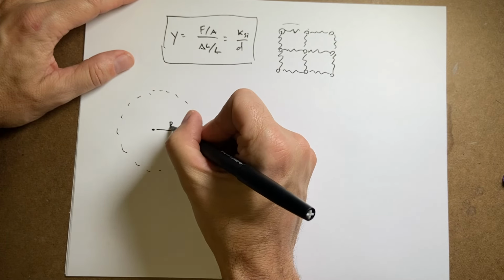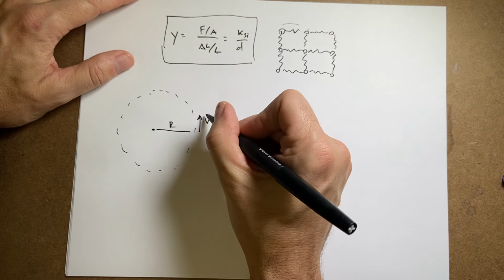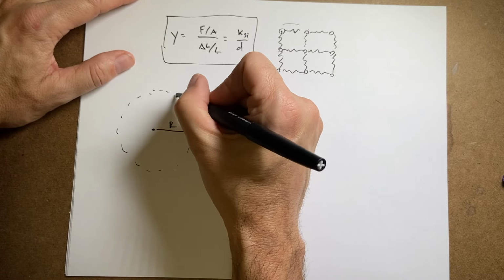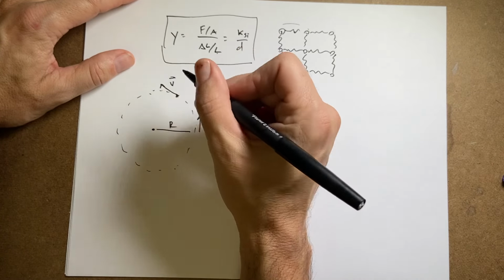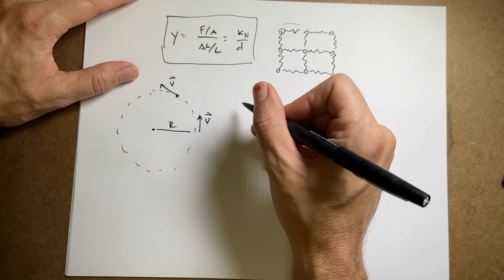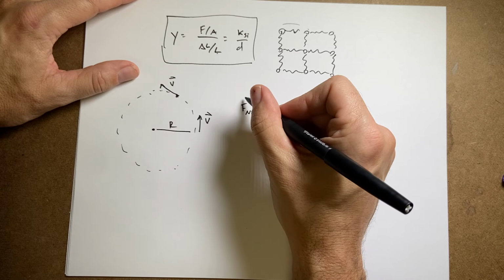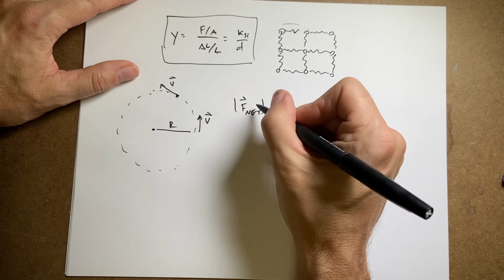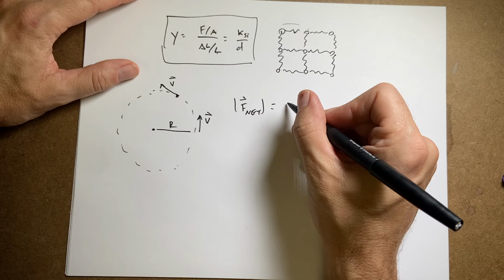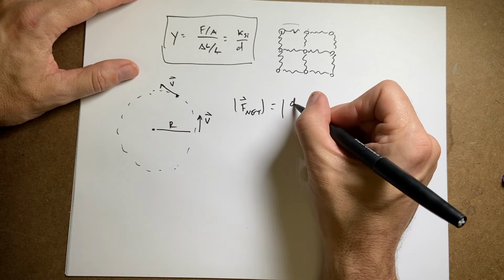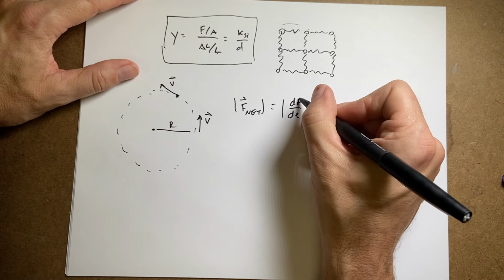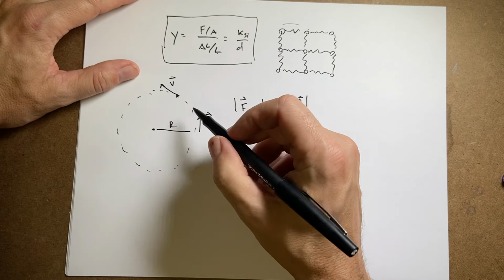Let's say we have an object moving in a circle at a constant speed. In that case, the magnitude of F net is equal to the magnitude of the change in momentum with respect to time. I have to take a derivative because it's constantly changing.